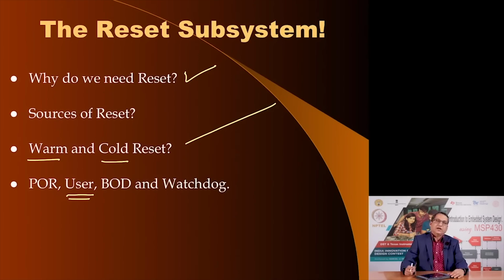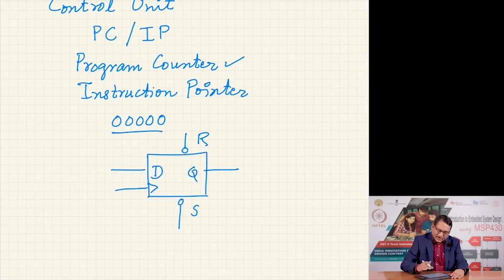Of all the resets that are available, and here is the list of those resets, you have power on reset, which I have discussed, that is a reset signal internally which is generated when you turn power to a microcontroller system, that is called power on reset. Another reset source is the user reset source, and let me show you in the next slide.